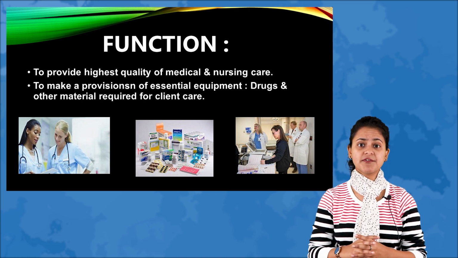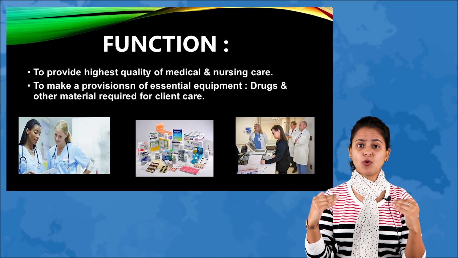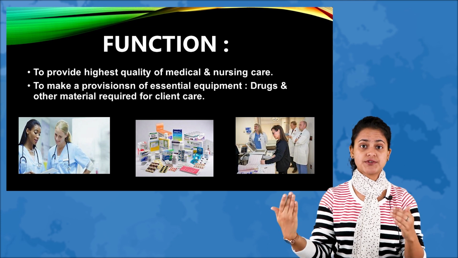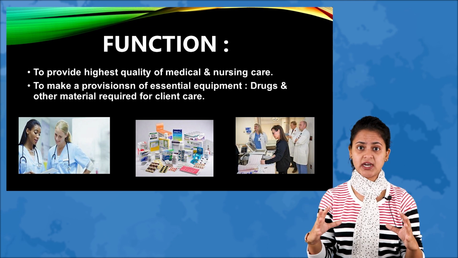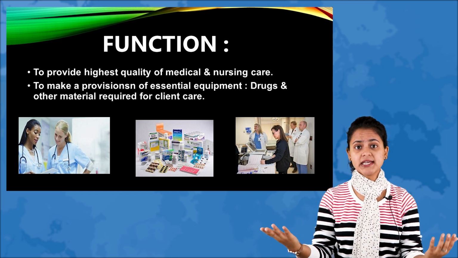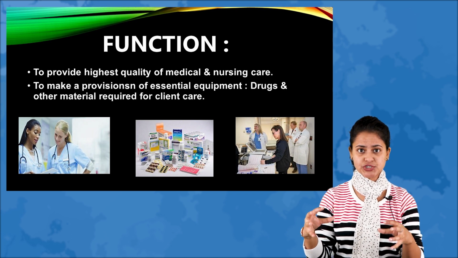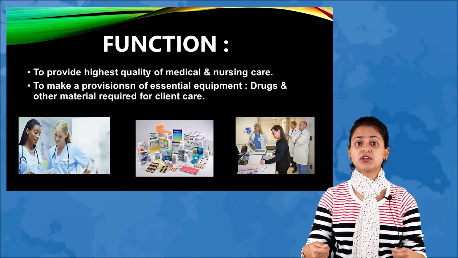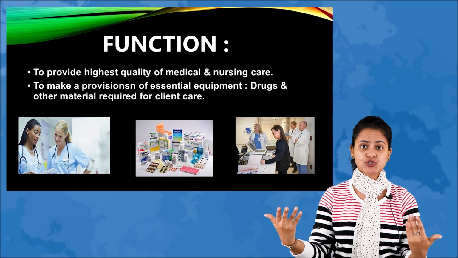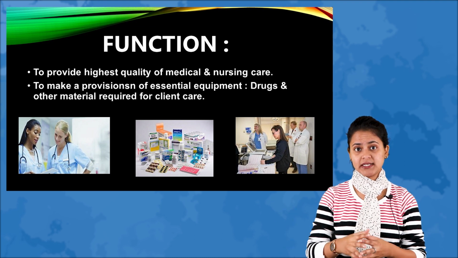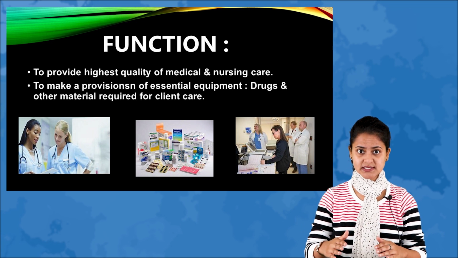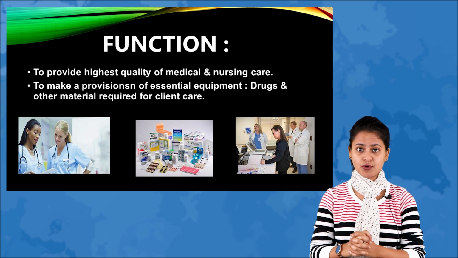For example, if a client is hemodynamically unstable, we often see the client shifted to the intensive care unit, which is a specialized type of inpatient department which also provides lots of equipment, for example ventilators and so on, which ultimately help the client by supporting their health status and improving the condition of their health.